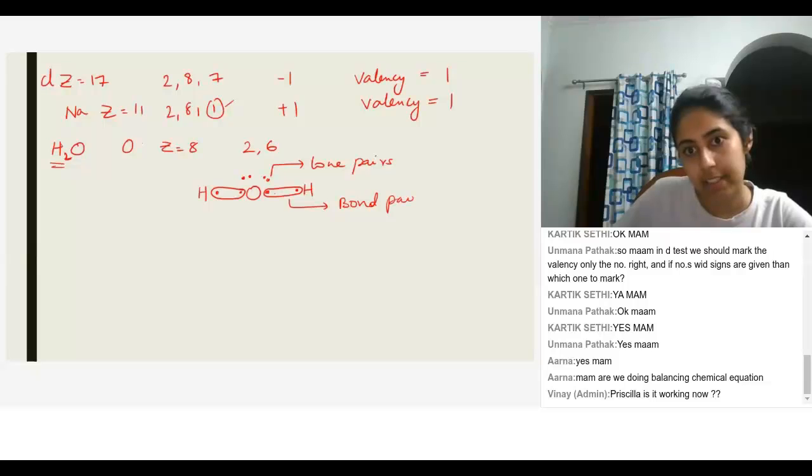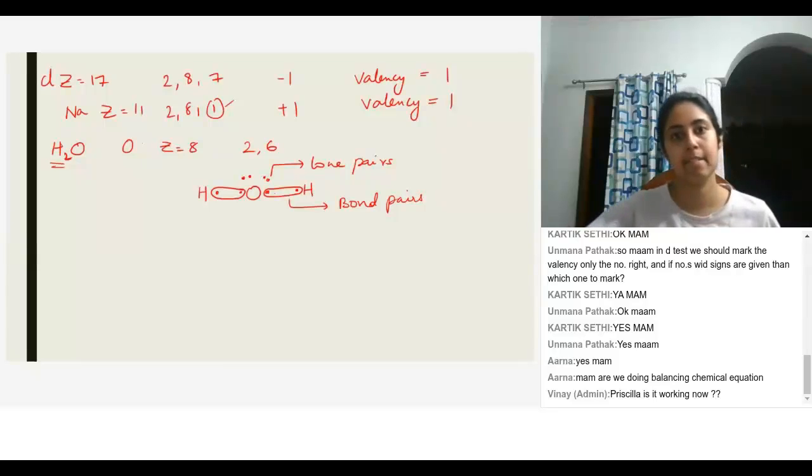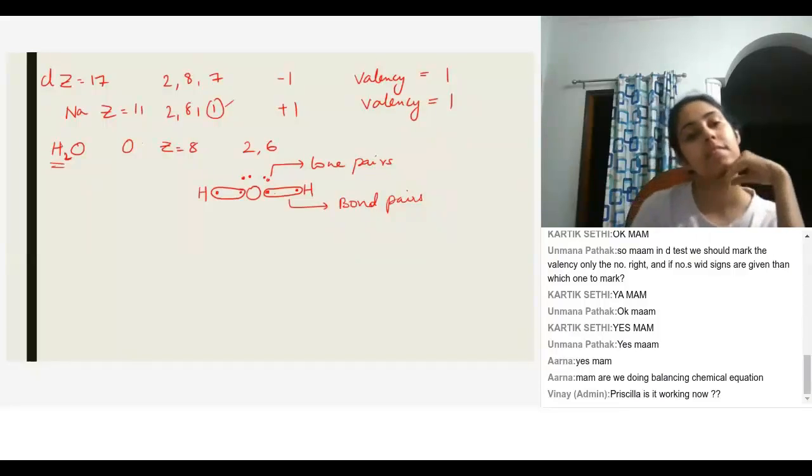Yes? I have another doubt. Ma'am, for covalent bonds, I know that in order to gain stability we have to add an electron. Why can't we just lose electrons even after sharing? Maybe like crossing it out. For example, boron.